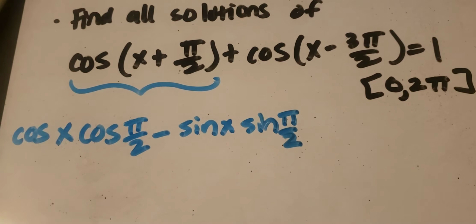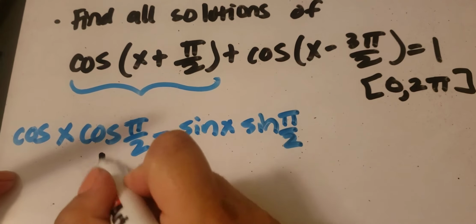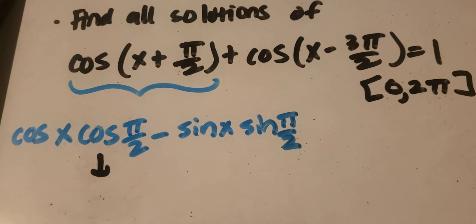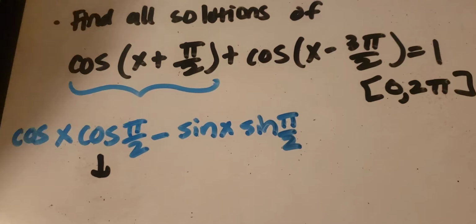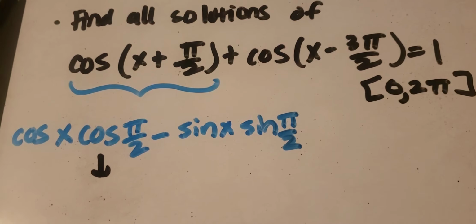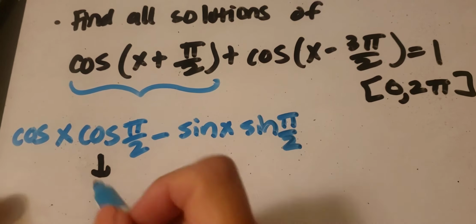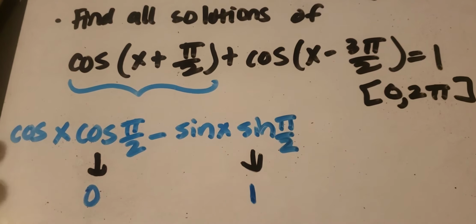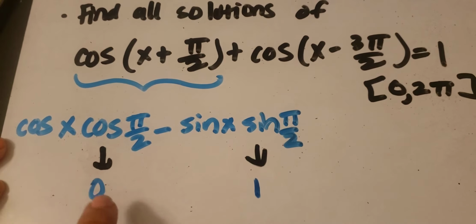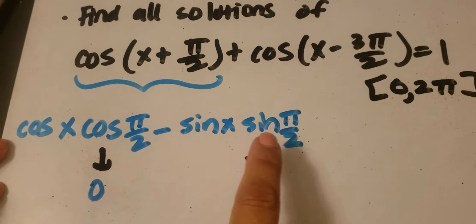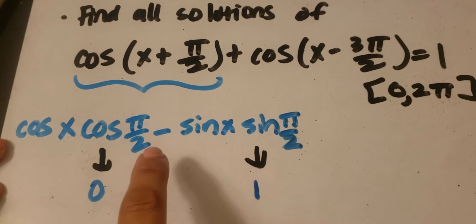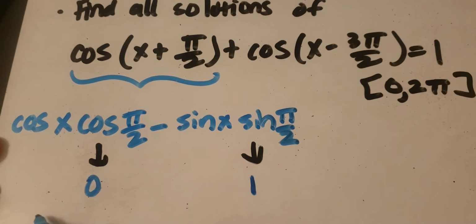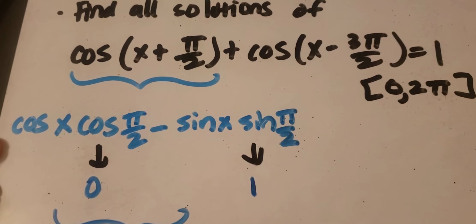According to the unit circle, cosine of pi over 2 should be 0, and sine of pi over 2 is 1. So cosine of x times 0 is 0, and sine of pi over 2 is 1, so that's negative sine of x. All of this simplifies to negative sine of x.